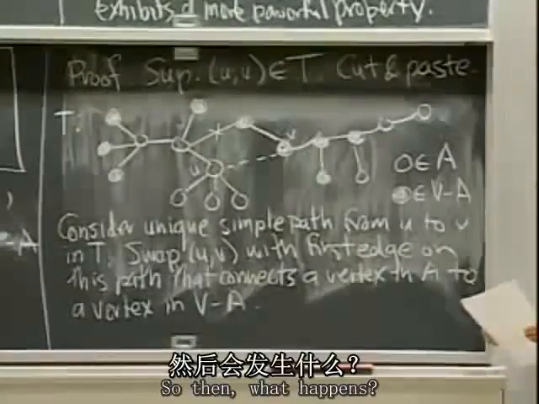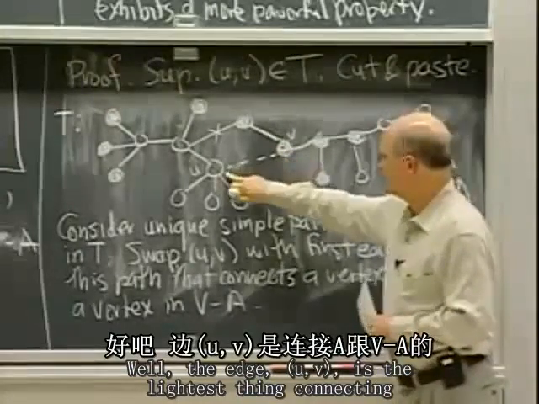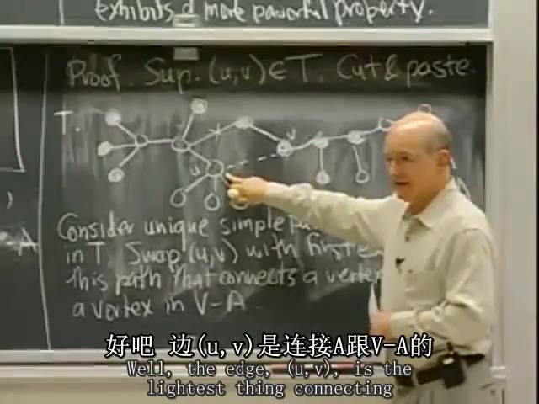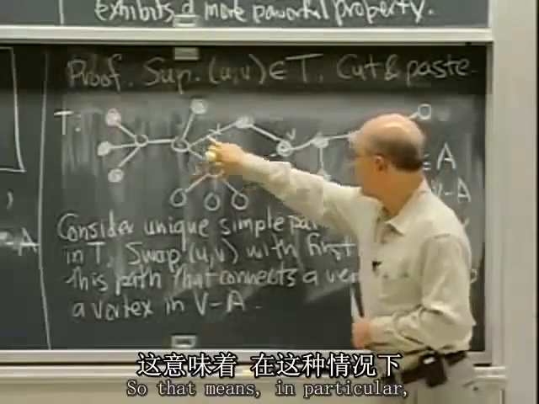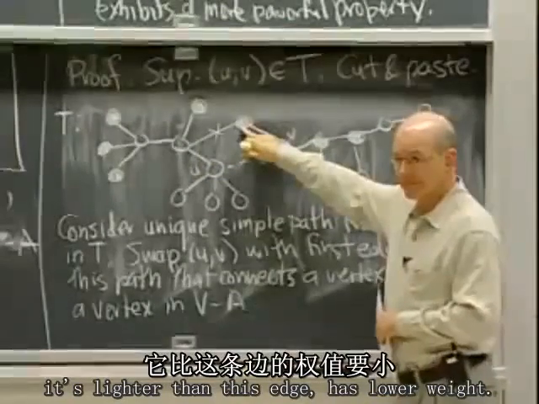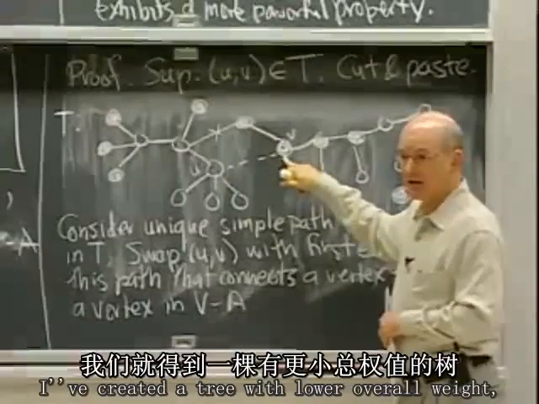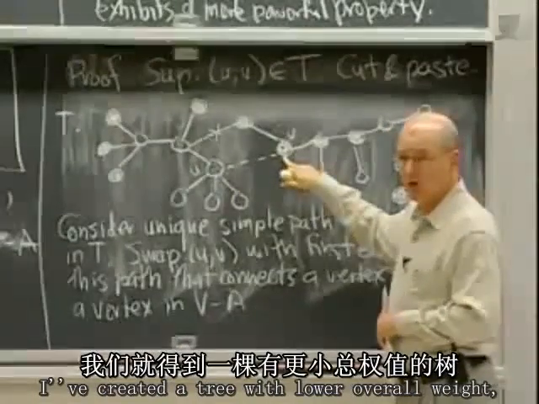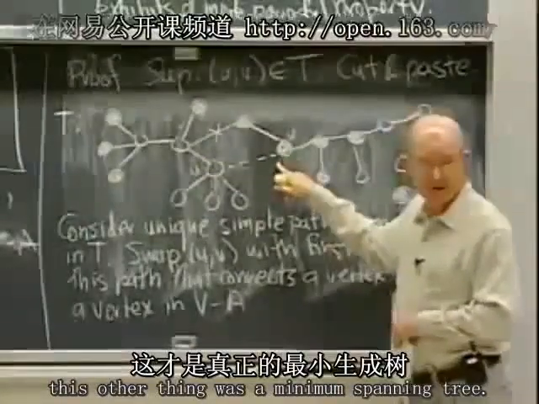So then what happens? Well, the edge UV is the lightest thing connecting something in A to something in V minus A. So that means in particular it's lighter than this edge. It has lower weight. By swapping this, I've created a tree with lower overall weight, contradicting the assumption that this other thing was a minimum spanning tree.